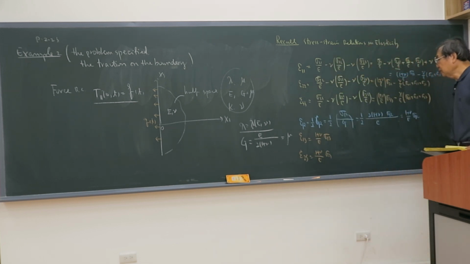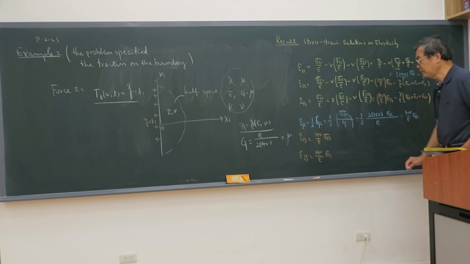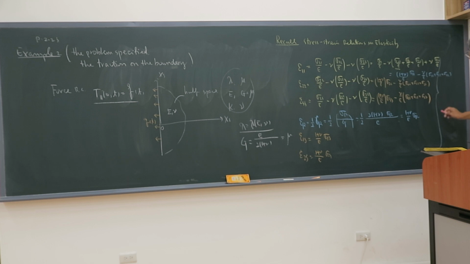Okay? So from this, I can write the general form as epsilon ij is equal to 1 plus nu over E sigma ij minus nu over E sigma kk delta ij. Right?